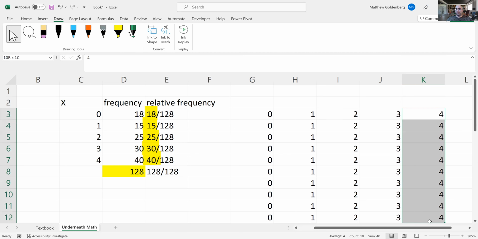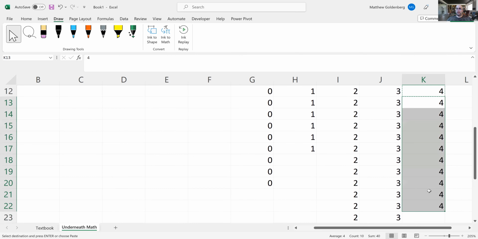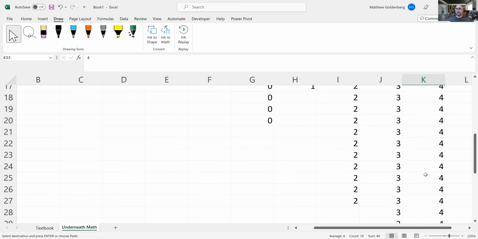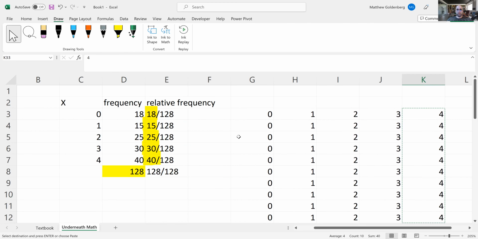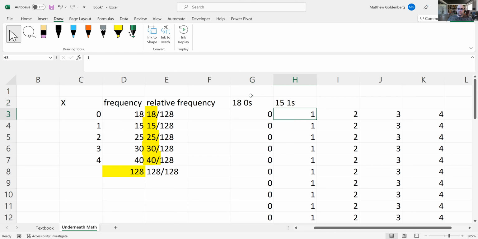And all that's happening when you calculate that expected value from frequencies is you're finding the average of a data set that looks like this, where you have 18 zeros right here. You have 15 ones. You have 25 twos.